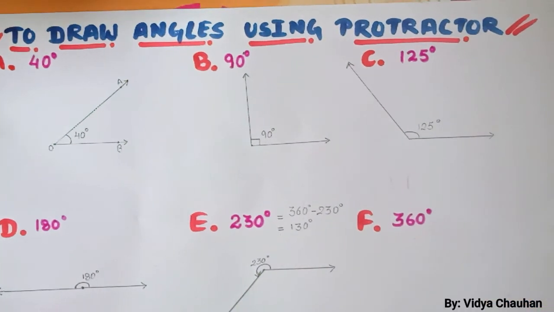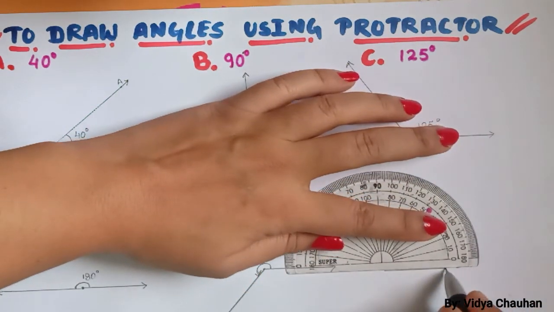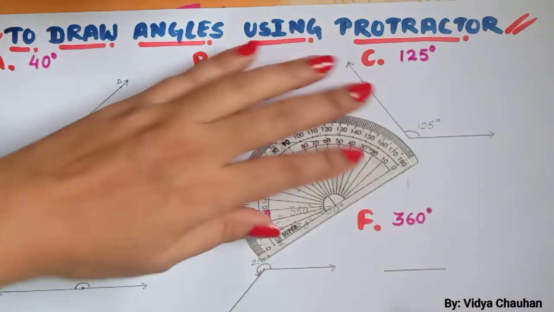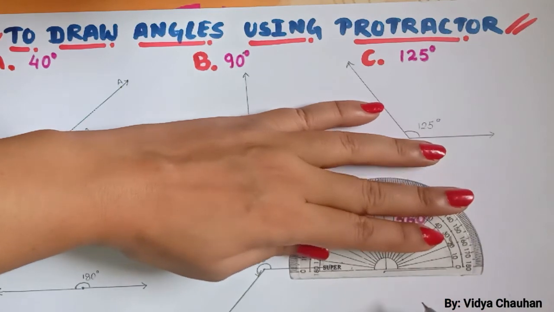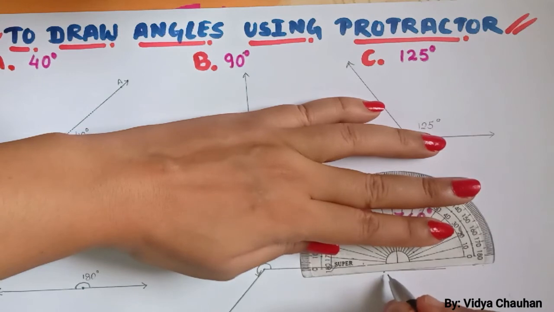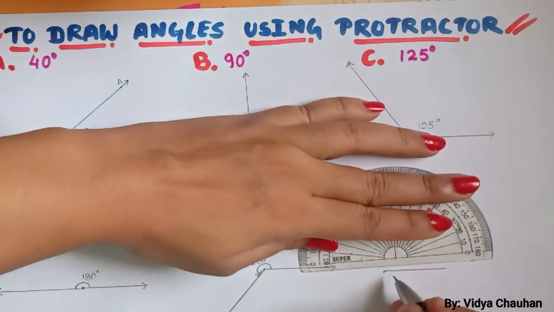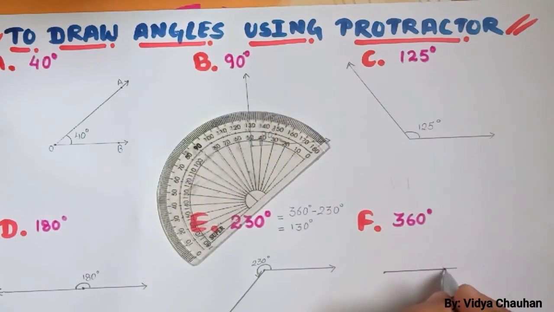Now at the last, when it is a 360 degree angle. Since a 360 degree angle is a complete angle, what you have to do is make a straight line, right? And over that, with the initial point, make one more straight line like this, just for your convenience.